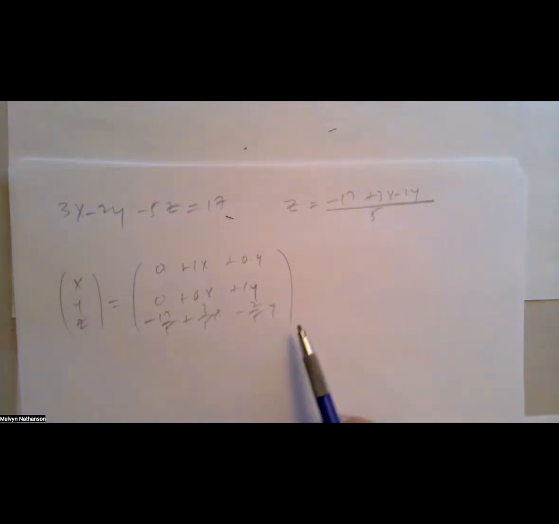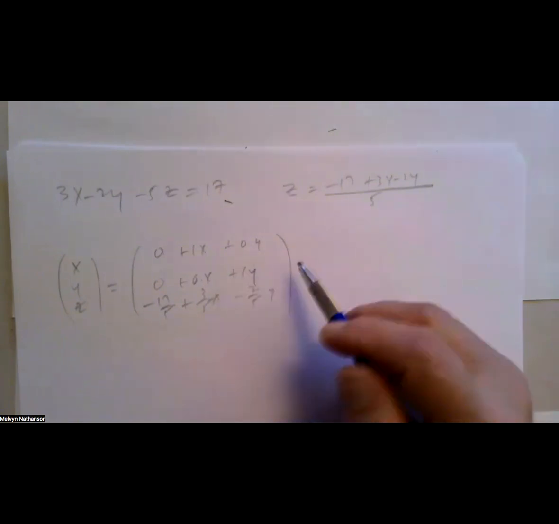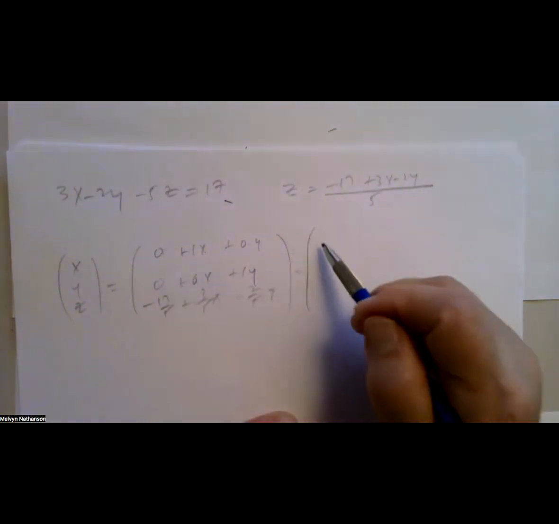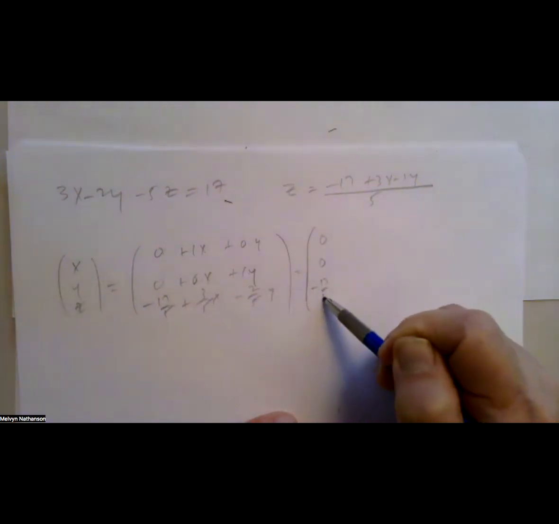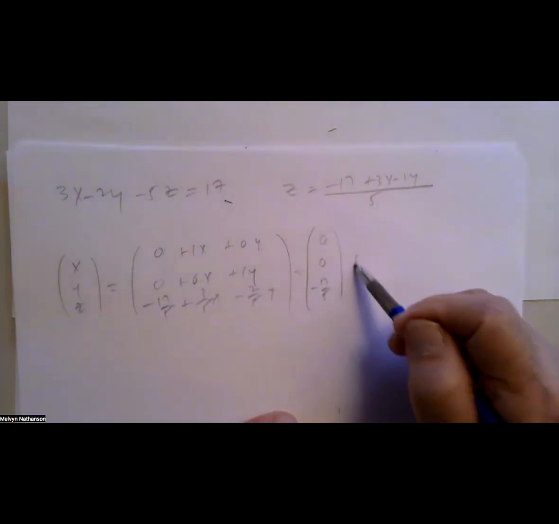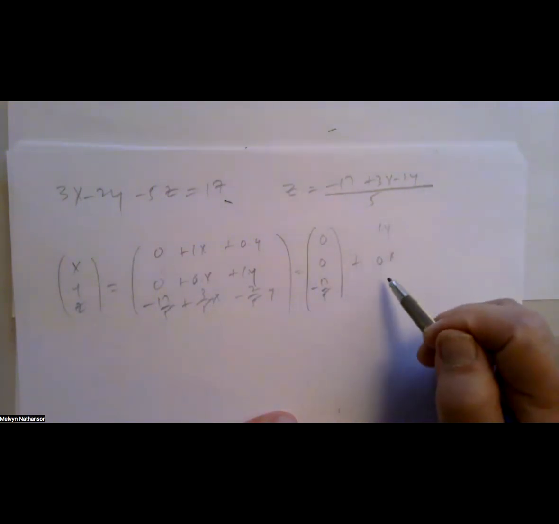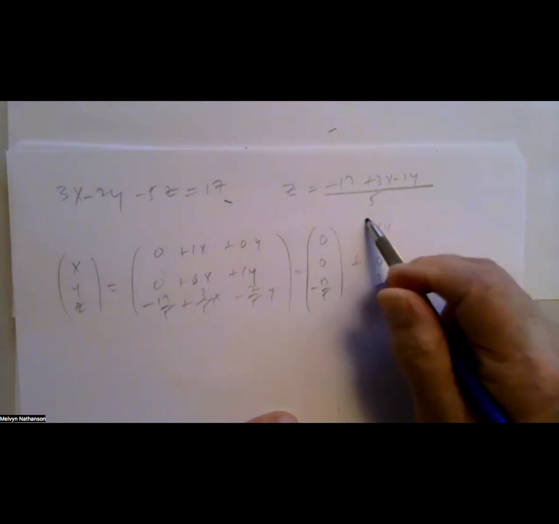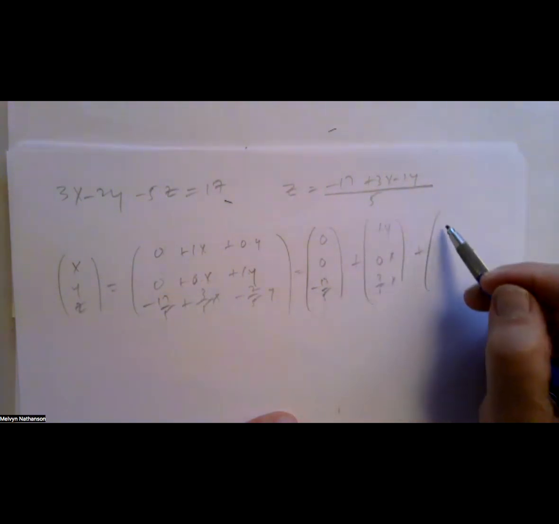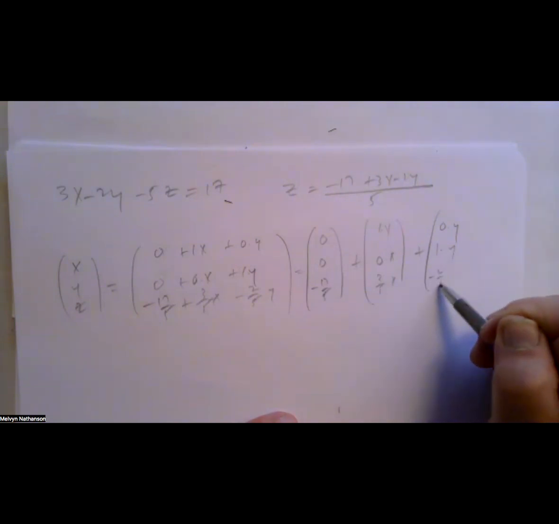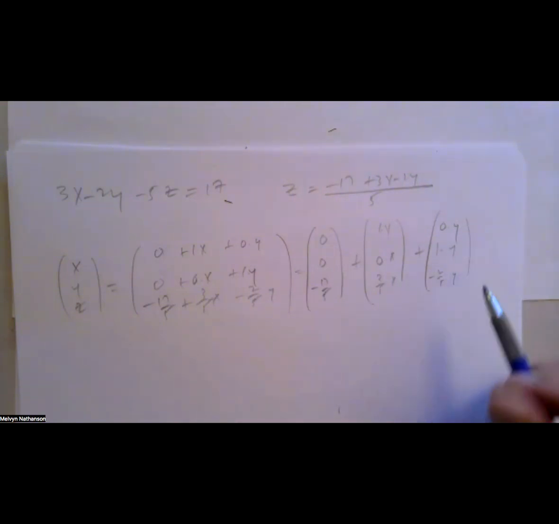And when I do that, I can write this vector as a sum of 3 vectors. 0, 0, minus 17 over 5, plus 1 times x, 0 times x, 3/5 times x, plus 0 times y, 1 times y, minus 2/5 times y.